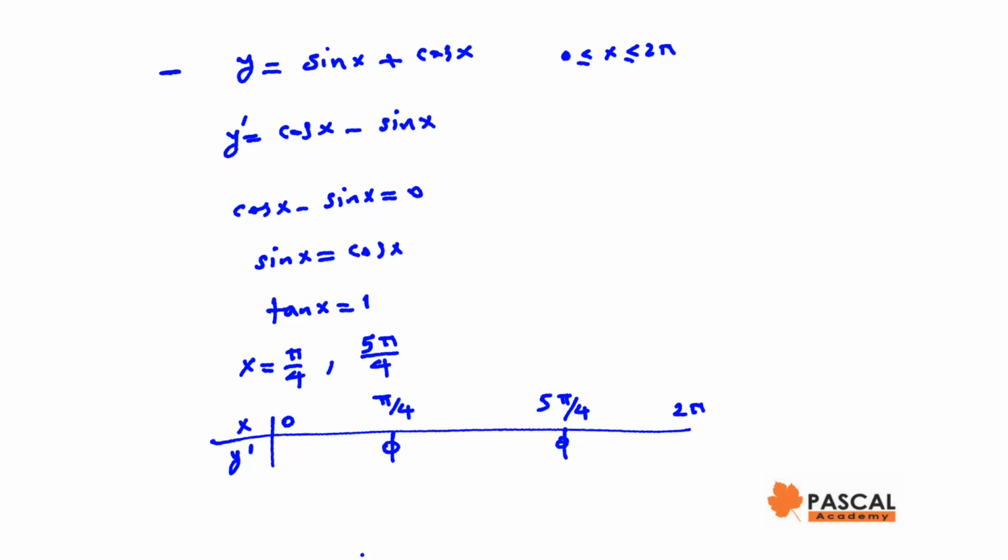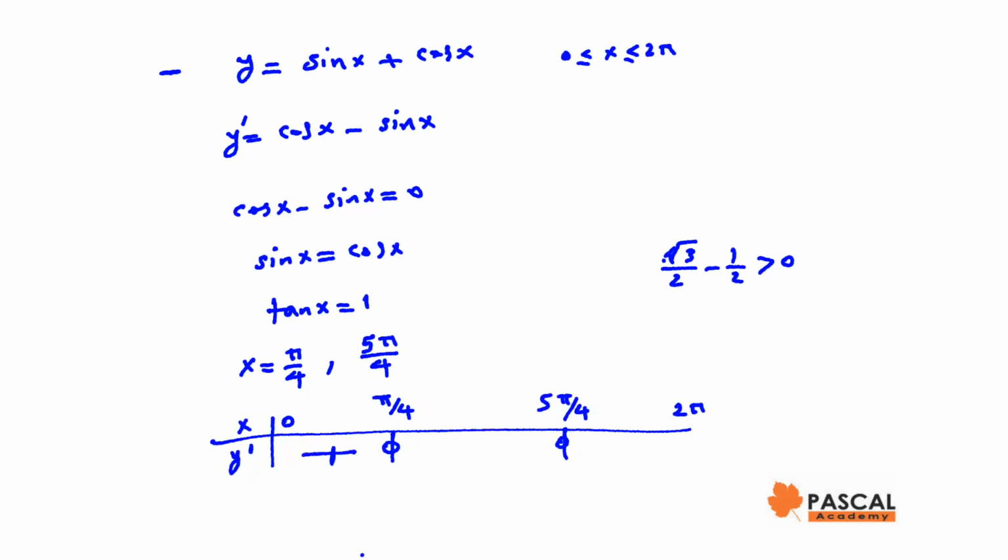Between 0 and pi over 4, let's pick a random number, pi over 6. Cosine of pi over 6 is root 3 over 2. Sine of pi over 6 is 1 over 2. Root 3 over 2 minus 1 over 2 is positive. Therefore, the derivative of the function is positive when x is between 0 and pi over 4.